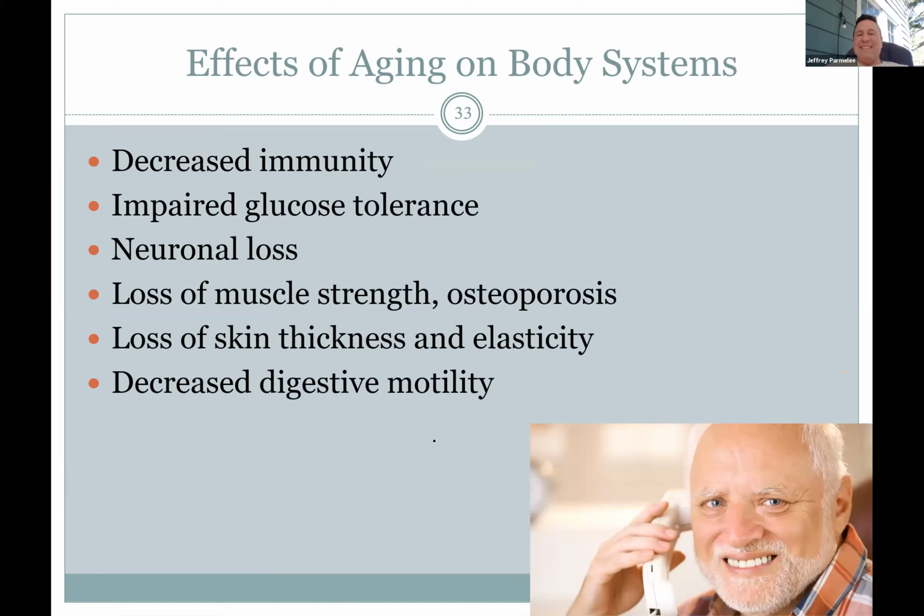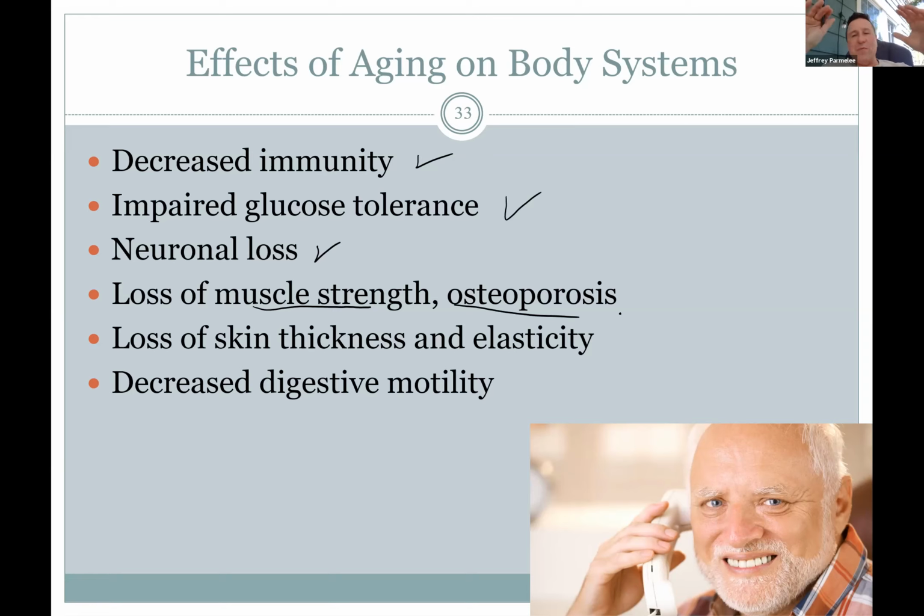Yes, but indeed, some of these things associated with aging I've already talked about, but your immune system just gets worse as you get older. You heal less. You're not able to handle things you could when you're younger. Glucose tolerance changes, and your brain loses mass, your cerebrum, constantly throughout your life. You have less muscle, more fat.